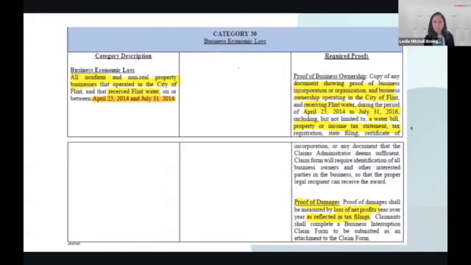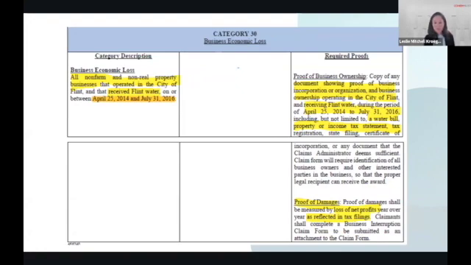Next, Beth. Category 30. This is non-real property businesses that operated in the city of Flint and received Flint water during that same time period, April 14 through July 16. Again, you have to prove you own the business.